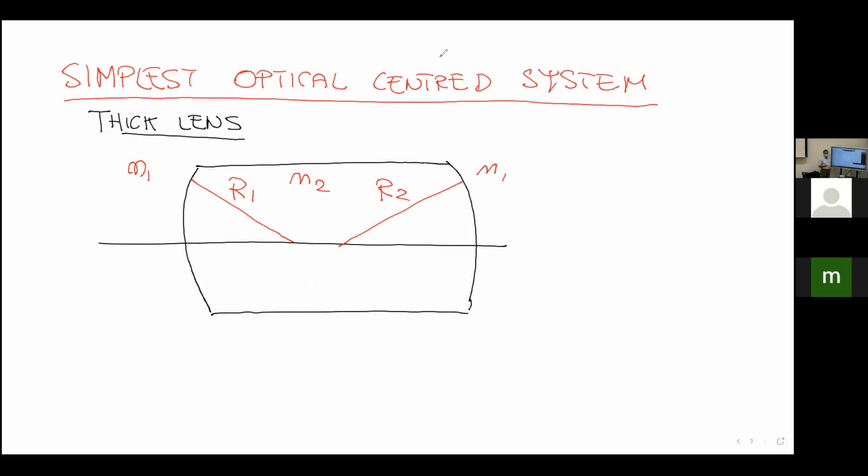We are doing it very simple already because we could think of having here N3 instead of N1, so to have three different media, but we make it simple and we assume that the entrance medium is the same as the exit medium, exactly as your colleague or me, we wear glasses.